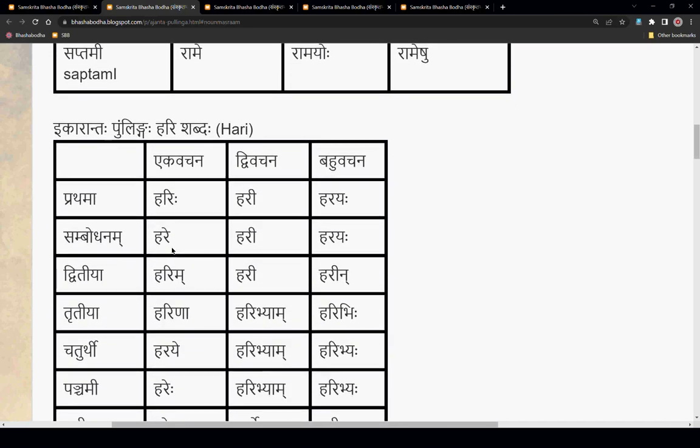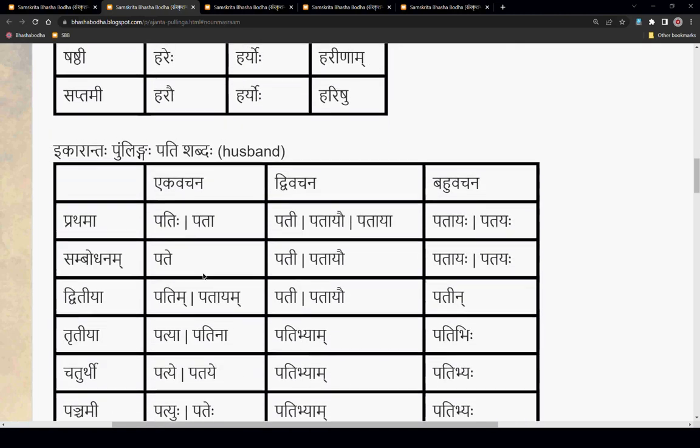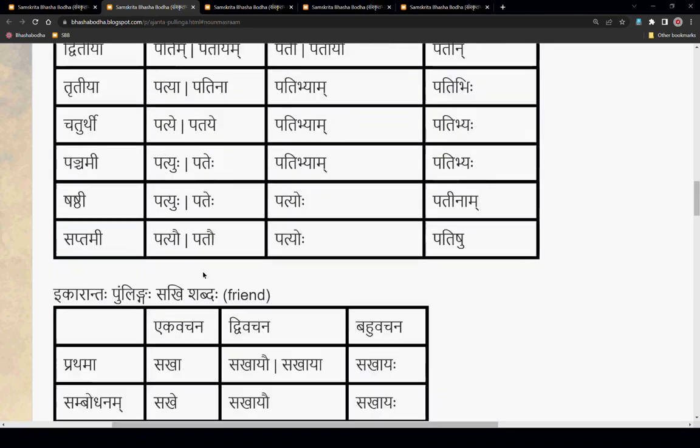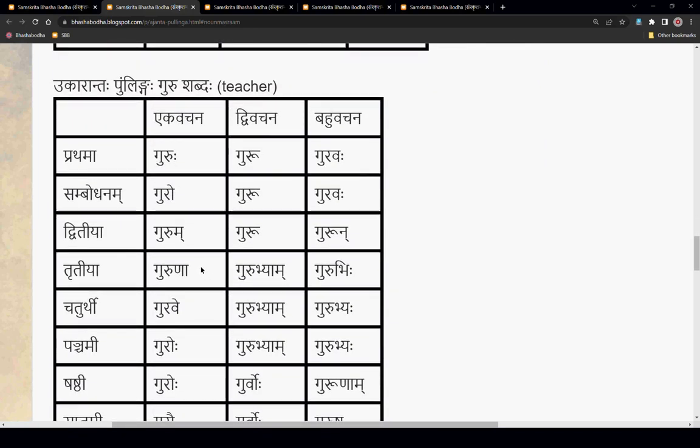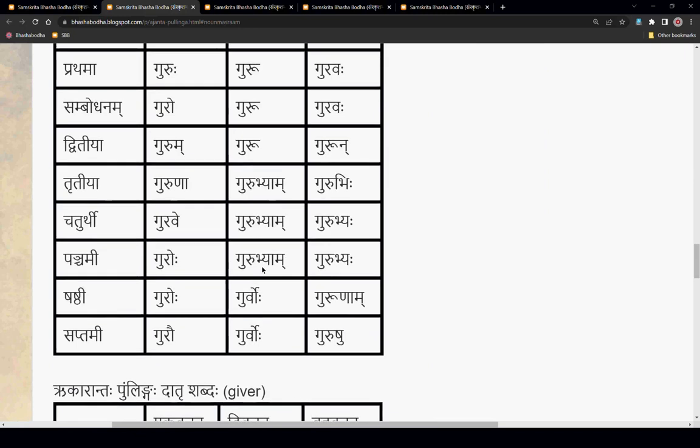And here we have Hare, mam rakshatu. Protect me. Similarly, Guru, Guru, aham agacchami. Like this you can use.